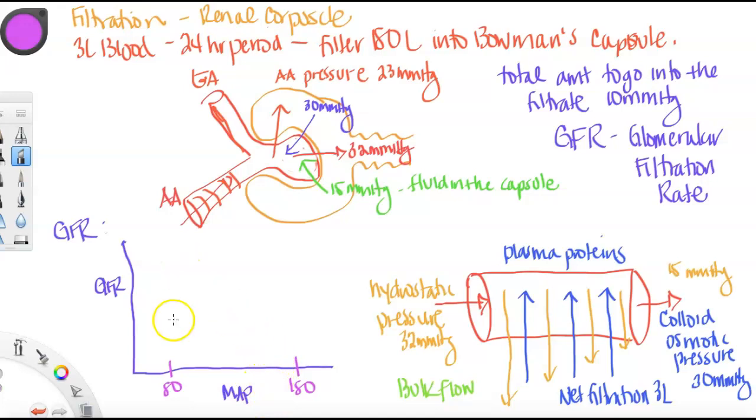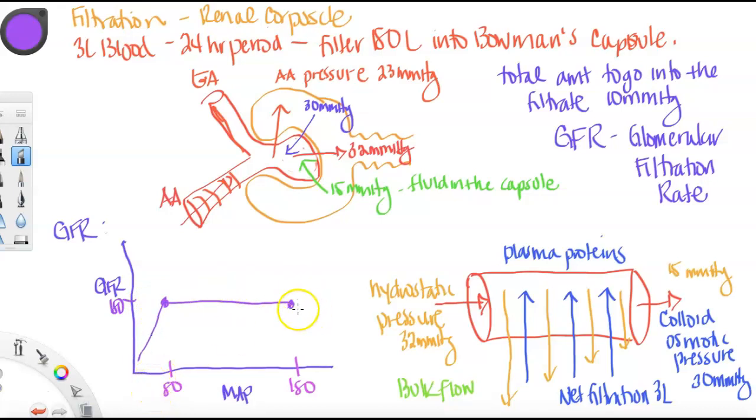The average filtration rate, we said, is about 180 liters, and the kidneys can keep this steady between 80 and 180. If we get below 80, glomerular filtration rate goes down.